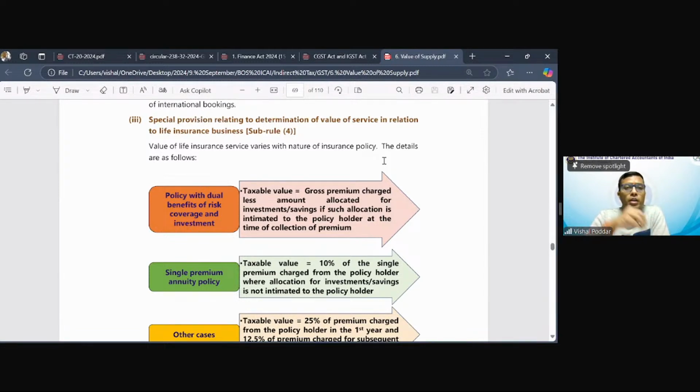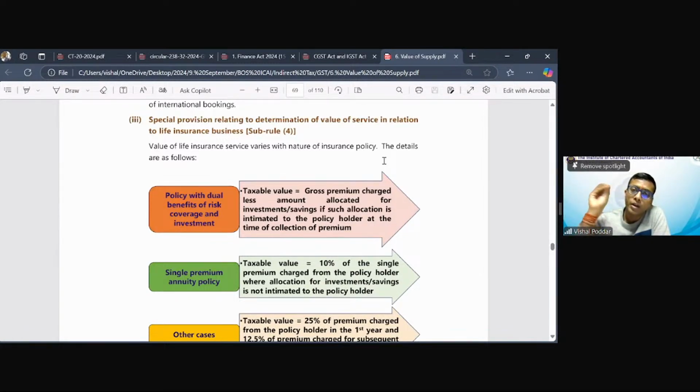My service is only the facility of converting it into rupees, for which my consideration will be a very nominal amount. Similarly, in the previous service, that is the air travel agent, when you go to an air travel agent, and let us say the ticket which you are booking costs 10,000, that 10,000 is the value of the airline company for giving you the air travel.